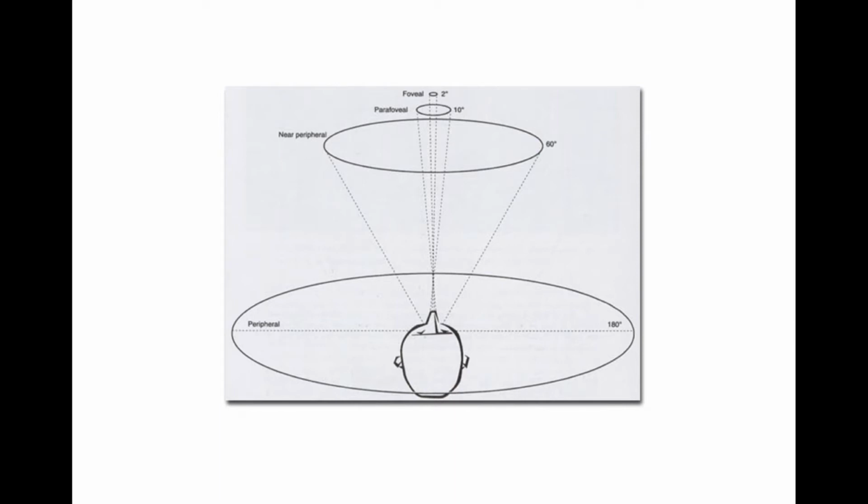So you have a lot more receptors in the center, and therefore your vision in the center is the most high definition, most crisp, most descriptive. And then 10 degrees out, that cone is called parafoveal, that's less so. Then you have the 60-degree cone, that's near peripheral. And then you have the 180-degree cone, that's peripheral vision.